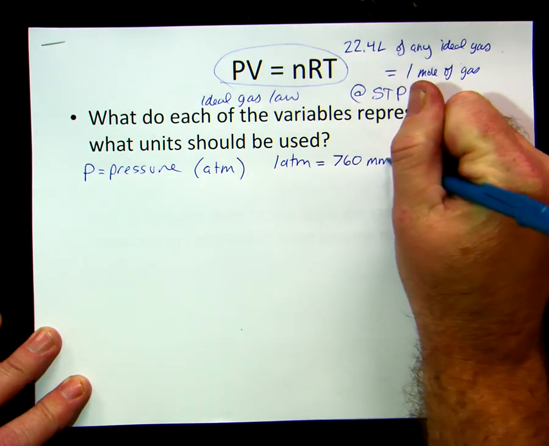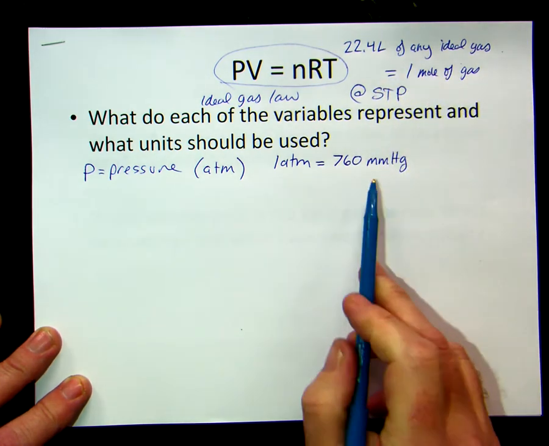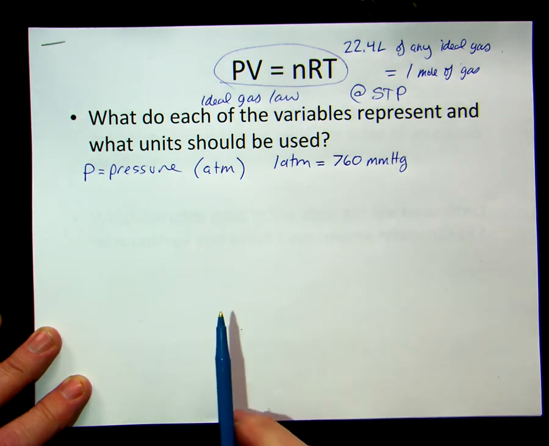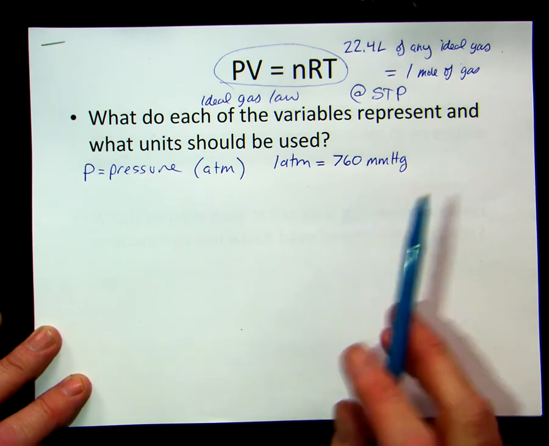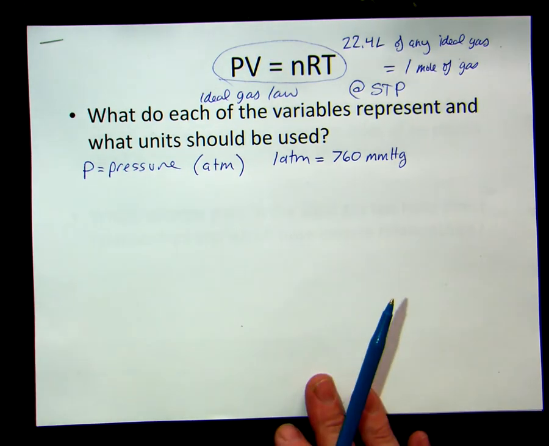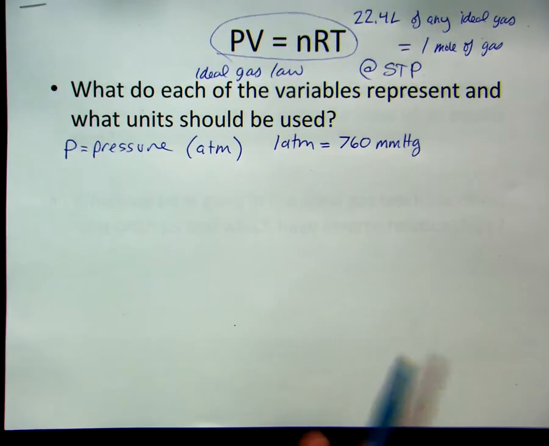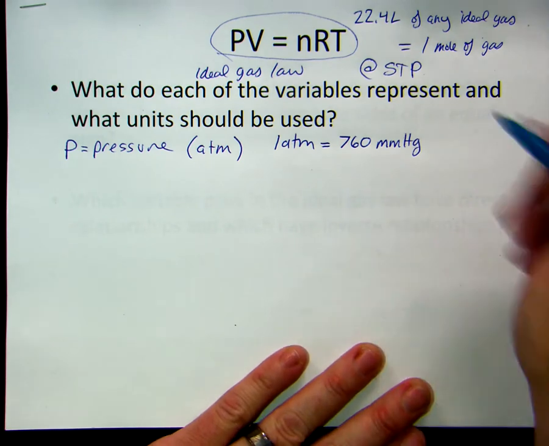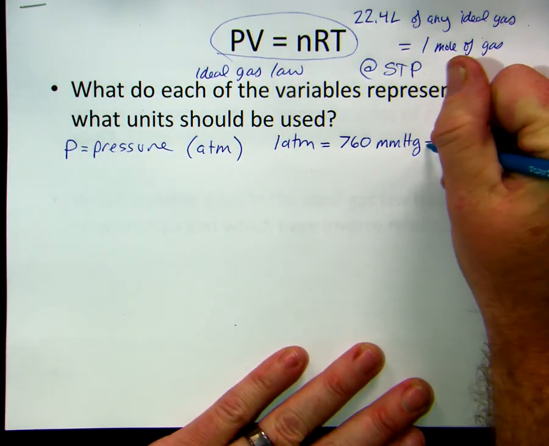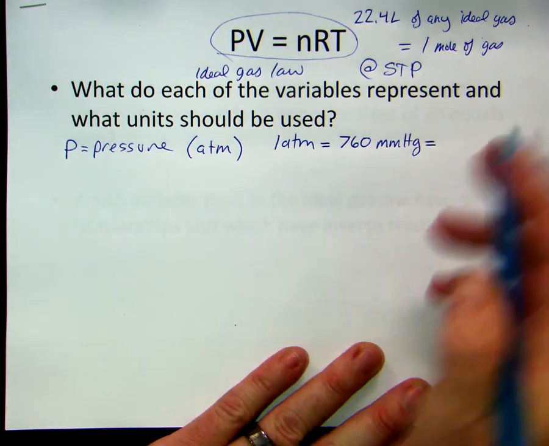760 millimeters of mercury. And this millimeters of mercury is extremely common. It was one of the first units used to study atmospheric pressure, so it's persisted today. Another thing, instead of millimeters of mercury, 1 atmosphere equals 760 millimeters of mercury.